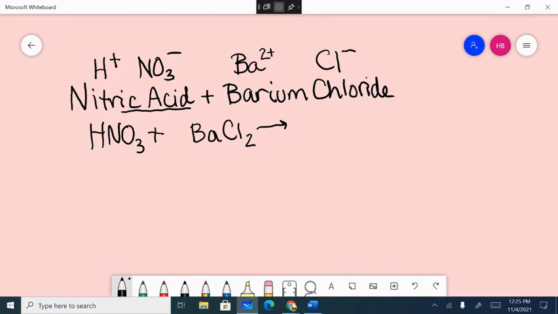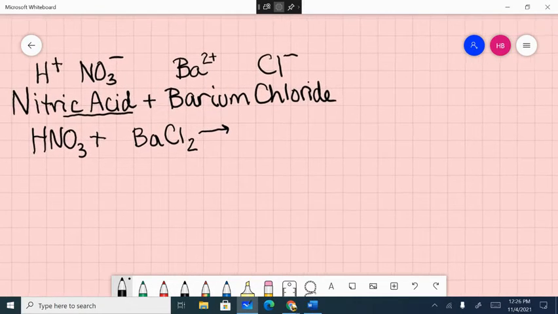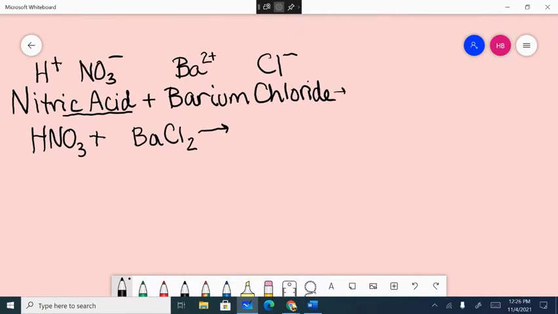Now on the product side, it says hydrochloric acid and barium nitrate.